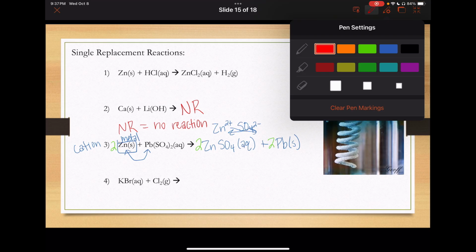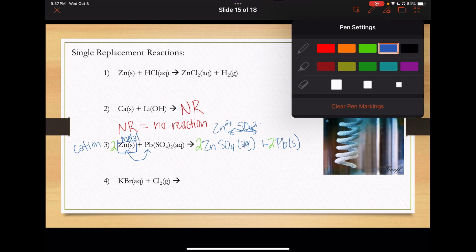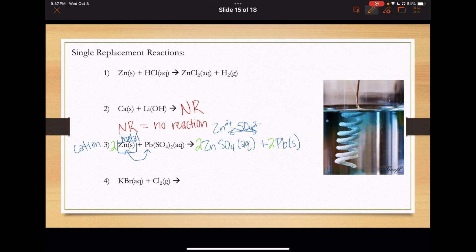All right, our last one, KBr and Cl2. So here is the thing by itself. Cl2 is a nonmetal, which means the anions are going to switch, which means Br and Cl are going to switch. If you look on the periodic table, Cl is above bromine in group 17, so this reaction can happen.